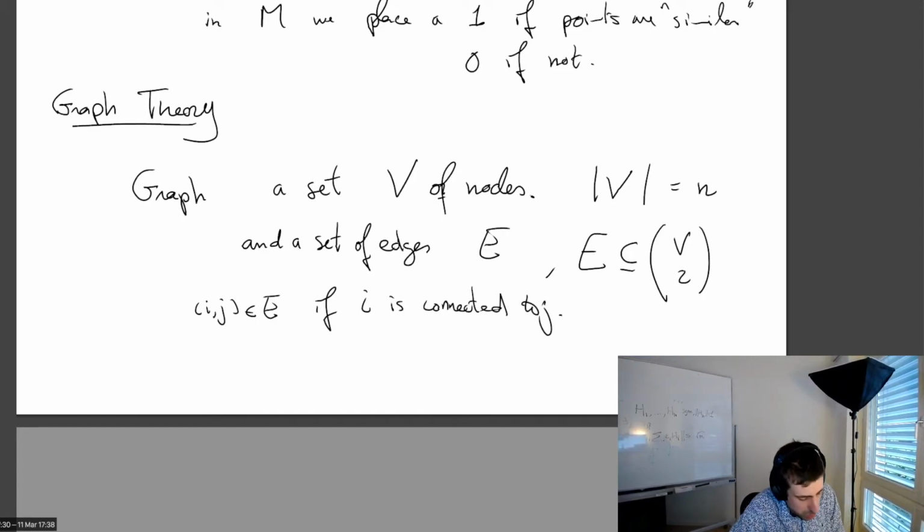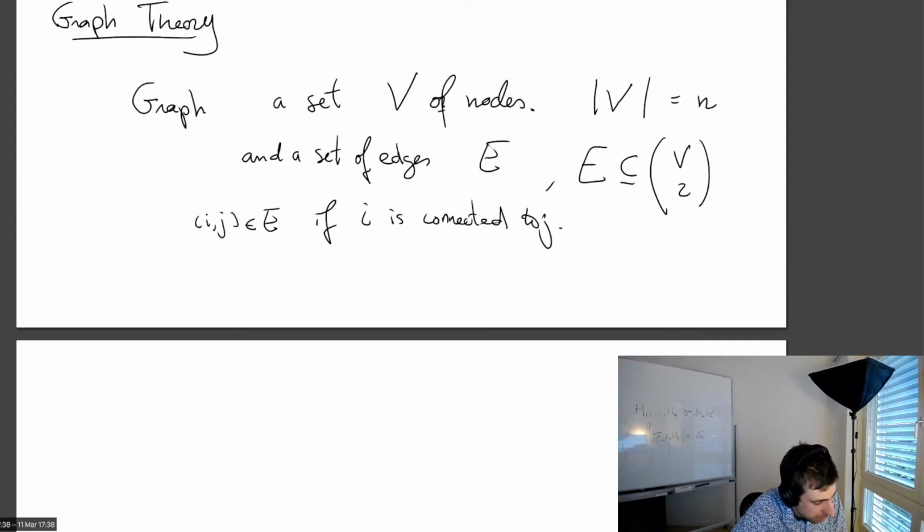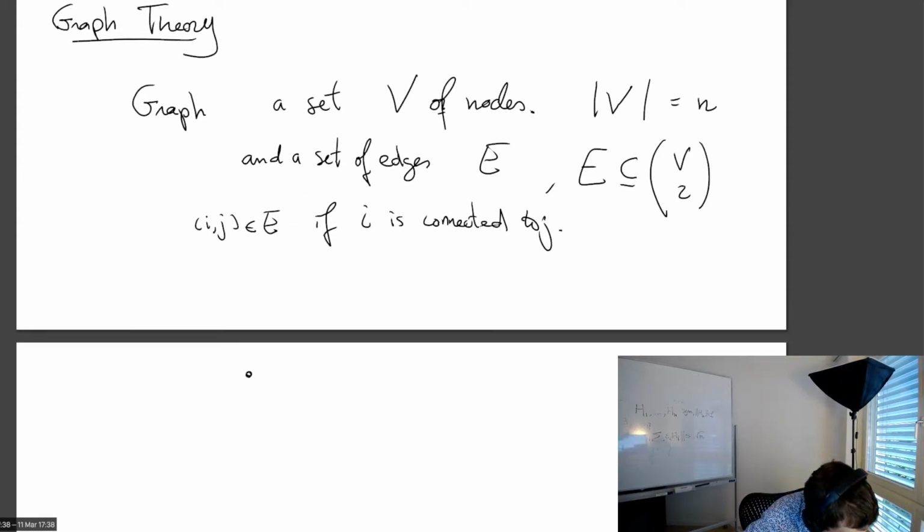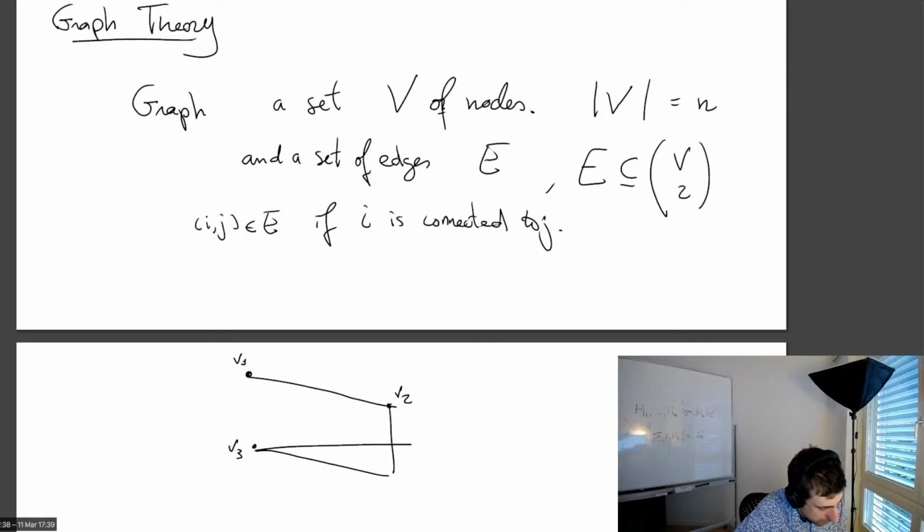Now let's draw a picture, because after all, it's a graph. So I have node V1, node 2, they're oftentimes called vertices, 2, 3, and so on, and I have connections like this.